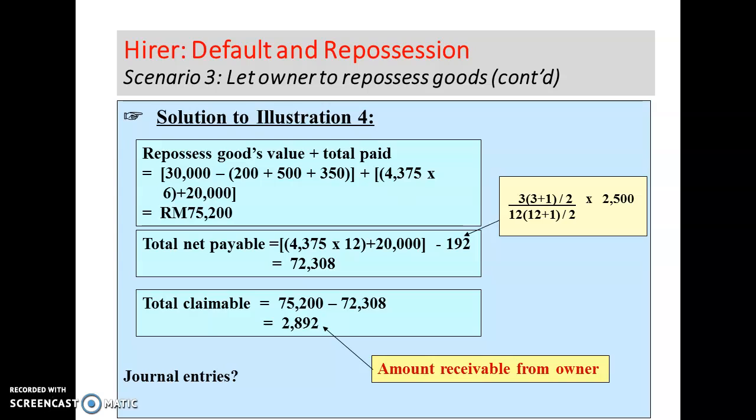Up to the repossession date, the hirer has paid a deposit of 20,000 and made an installment of 4,375 for 6 months, from January until June. Altogether, the amount that will be let go to the owner is 75,200.